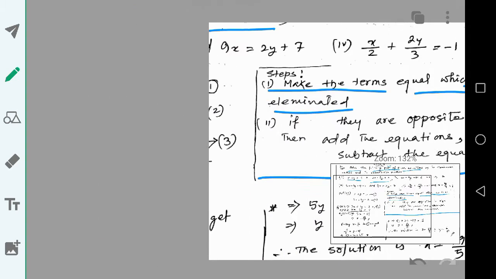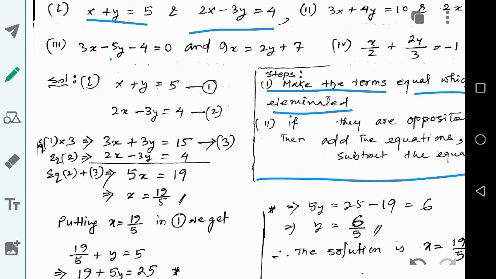So you know the meaning of the word eliminate. If we want to eliminate the terms consisting of, suppose, y, then we have to make their coefficients equal. Here you see the coefficient is minus 3, so we need to make it 3 also.